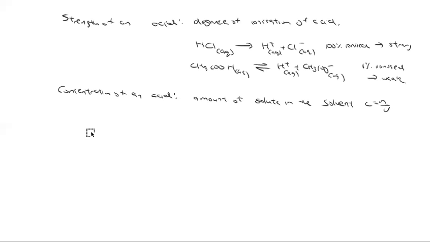So these two things are completely different to each other. You've got the strength of the acid, described in words: either a strong acid or a weak acid. And you've got concentration, which is described as concentrated or dilute.